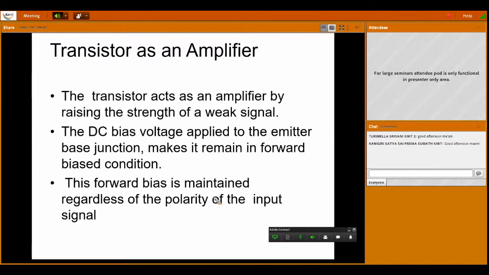You can use them in radios, TV receivers, tape recorders, stereos, and wherever measuring of any physical quantities is required. So in measuring instruments we can also utilize a voltage amplifier or small signal amplifier.